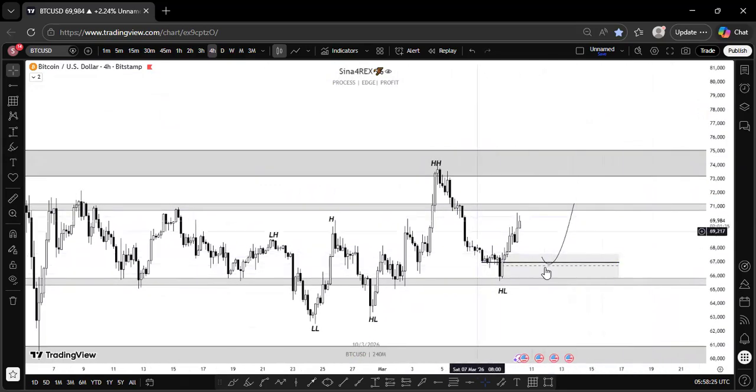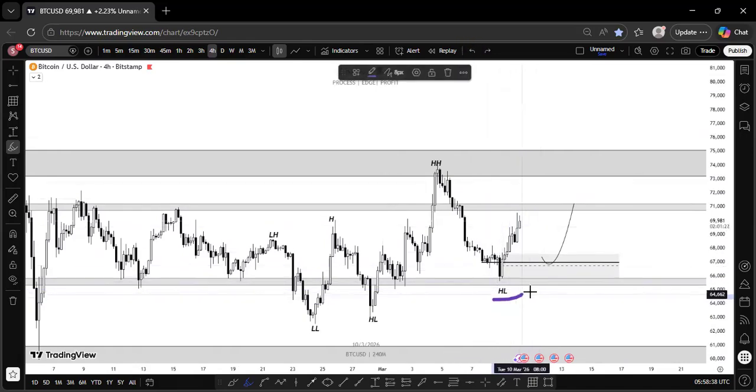So you can take notice of the entry zone, and then once price gets into the entry zone, you can take your buy trade. SL below the wick, or if much better, below the support zone that we are seeing. To be safer, we put our SL below the support zone so that we can give price room to do whatever it wants to do before taking up to the upside.